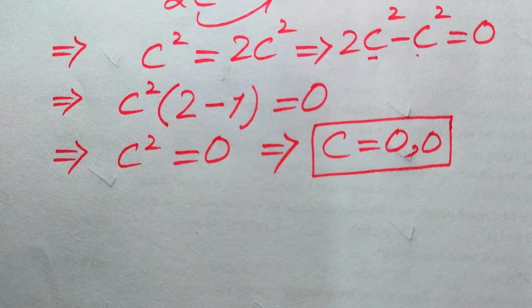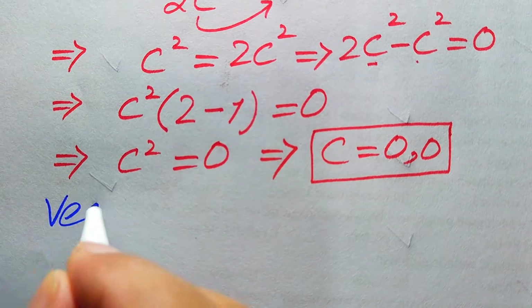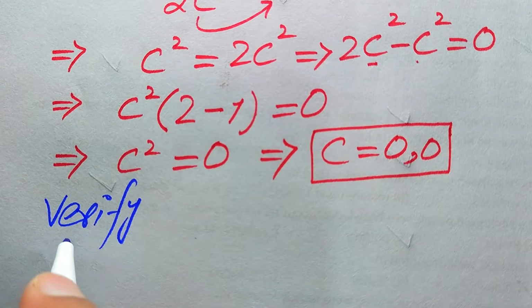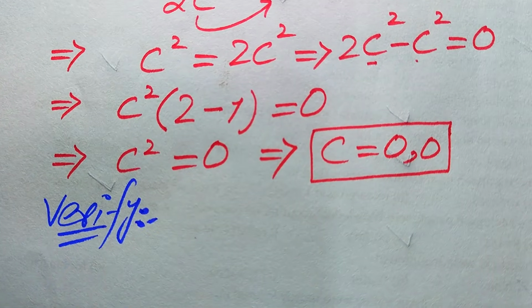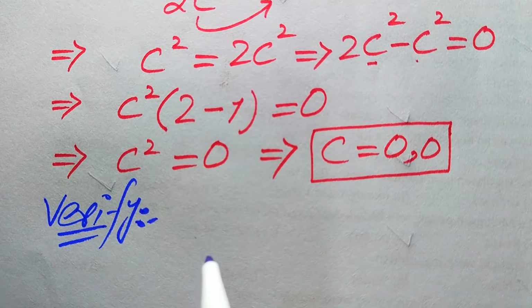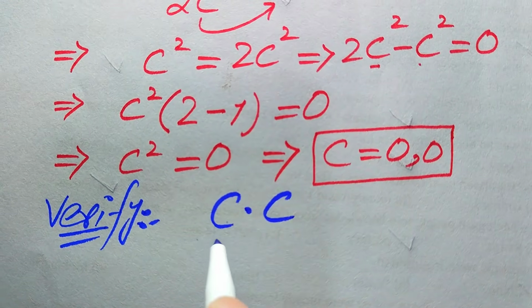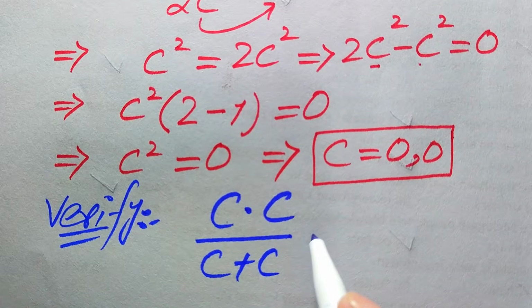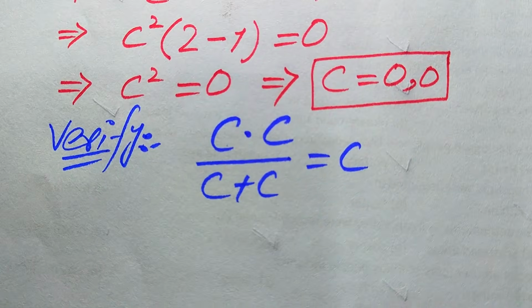And in the next step, we need to verify whether these roots are the solution, or whether these roots are extraneous roots. So for verification of this, we need to copy down the given question statement here, and the given question statement is c times of c divided by c plus c is equal to c.